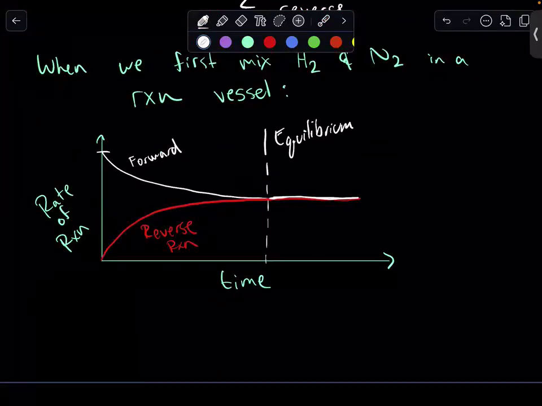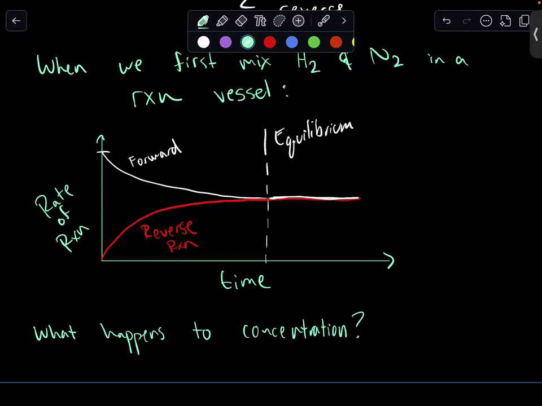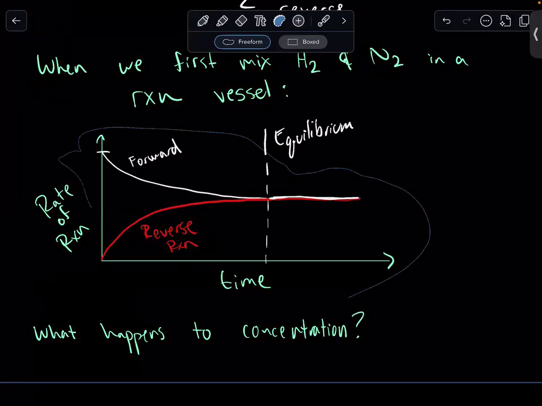Those rates are equal. Now, one thing students get very confused with is what if we look at concentration? What happens to concentration? Well, what I'm actually going to do is end up copying the same graph, and I'll delete some stuff.